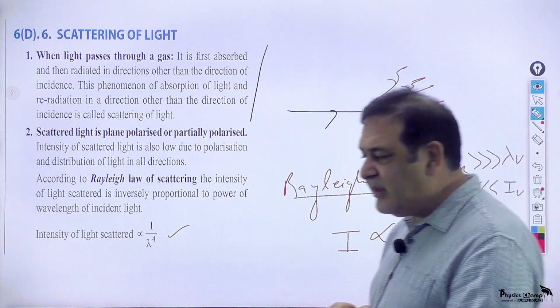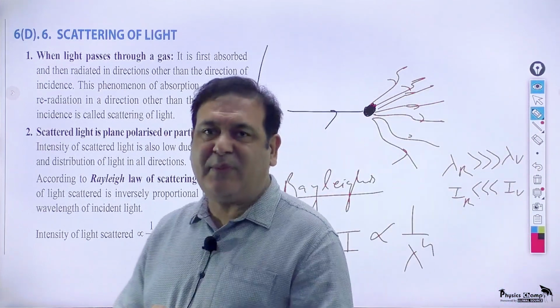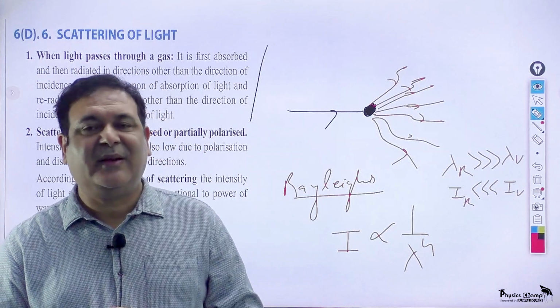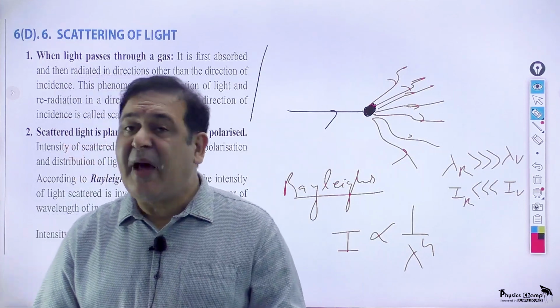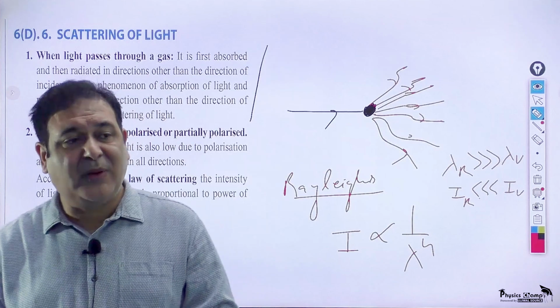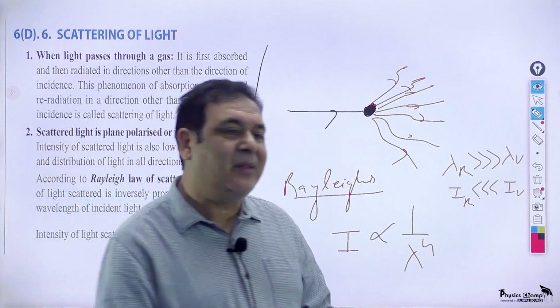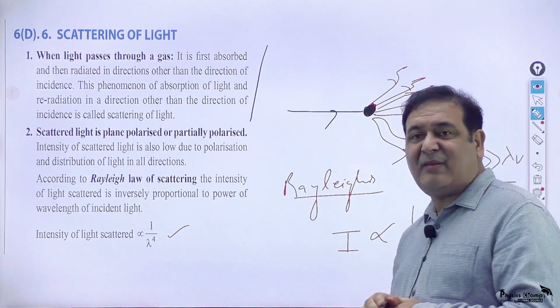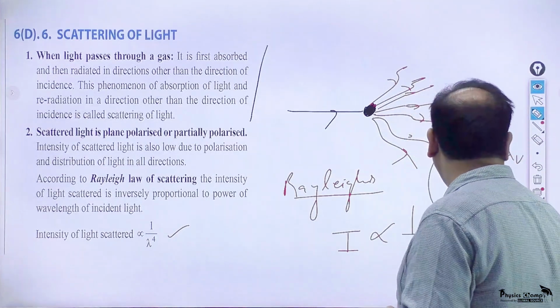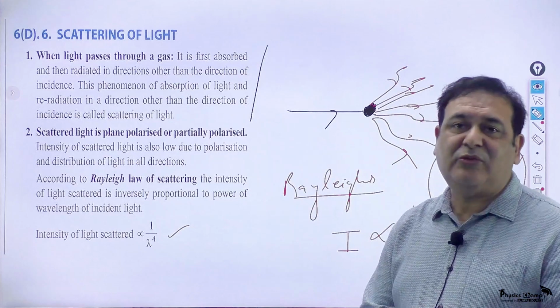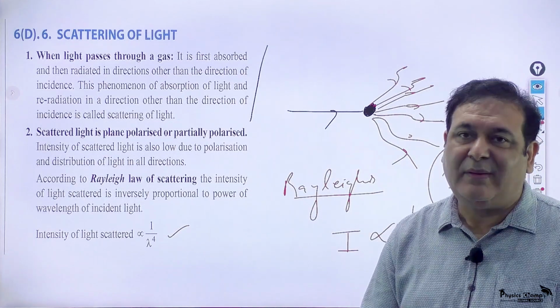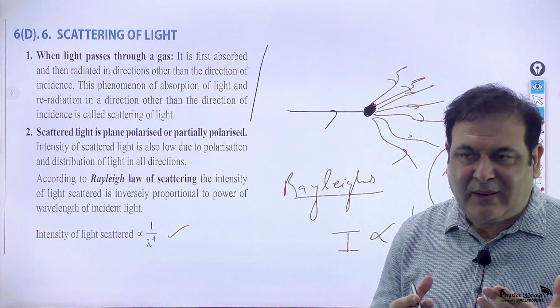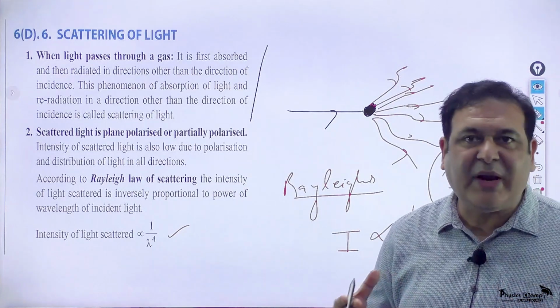Which color has the least scattering out of VIBGYOR? The answer is red. Which color has the maximum scattering? Violet, and all other colors would fall in between. And this is the important point which will help us in understanding so many phenomena which till now we were finding hard to understand.